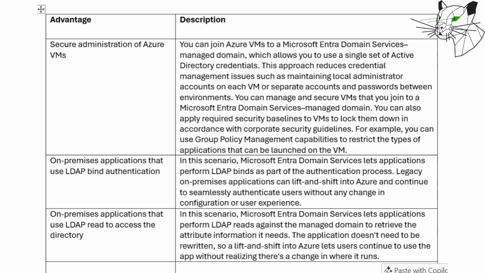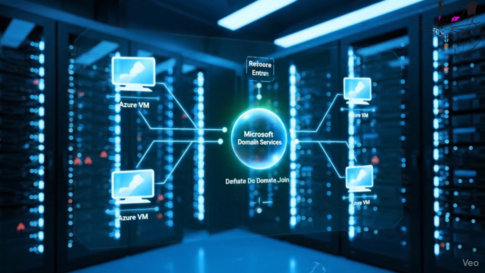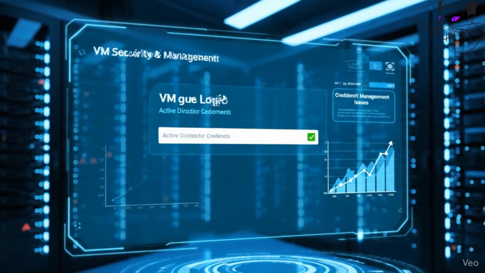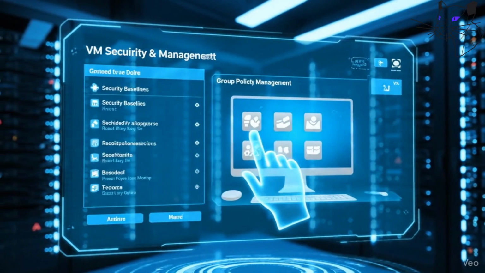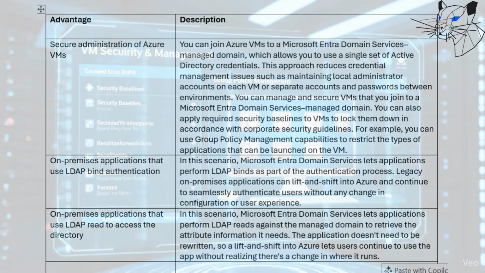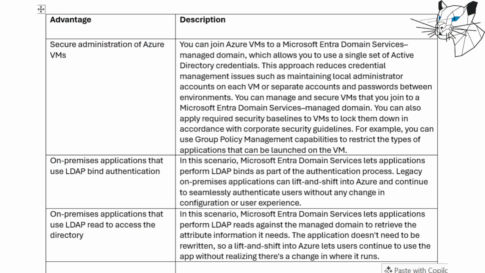Advantage, description, secure administration of Azure VMs. You can join Azure VMs to a Microsoft Entra Domain Services managed domain, which allows you to use a single set of Active Directory credentials. This approach reduces credential management issues, such as maintaining local administrator accounts on each VM or separate accounts and passwords between environments.